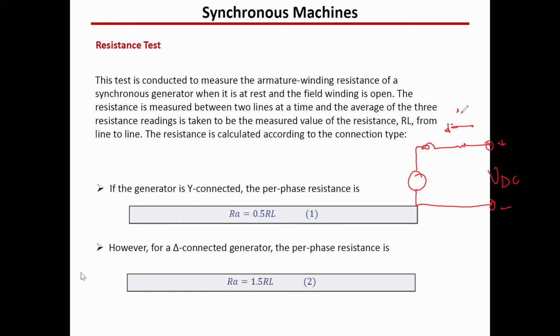Do you agree? And the current will be DC current, because we have a resistance. So if we can measure the voltage here and the current here, RA, by Ohm's law, will be the DC voltage divided by the DC current. That's it.